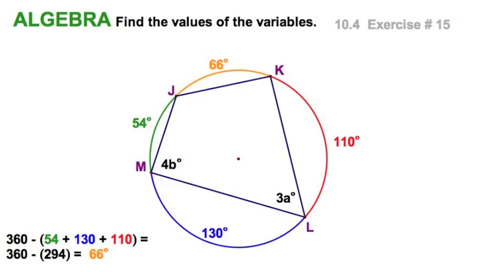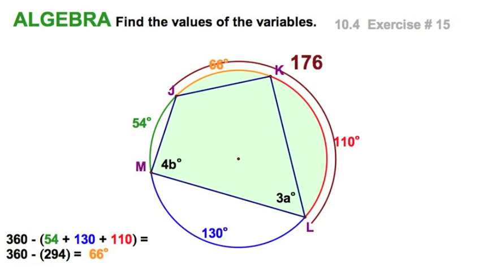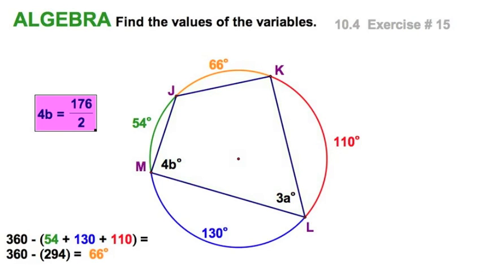And if I do it that way, then angle M intercepts a 176-degree arc. And once I know that, I can just set 4b equal to 176 divided by 2, because remember, the inscribed angle is half the intercepted arc. And the arithmetic, I'll get 22 for the variable b.